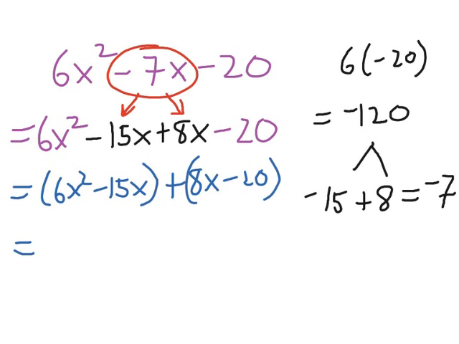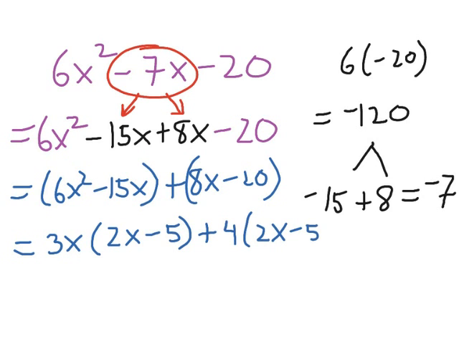Take out my common factors. Let's see, 6 and 15 have a 3, and then there's an x. 2x minus 5 left over. And 8x and 20 have a 4 in common. 2x minus 5. Once again, I'm quite confident I did it correctly because I see that those two match perfectly.